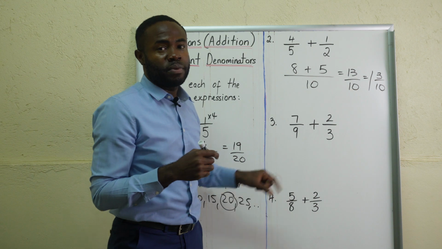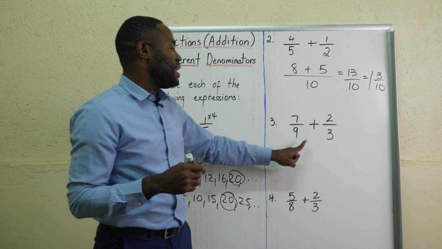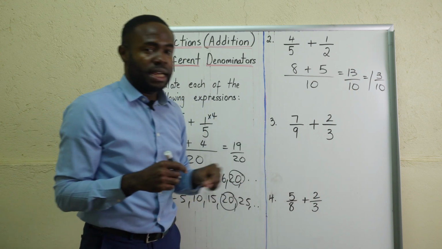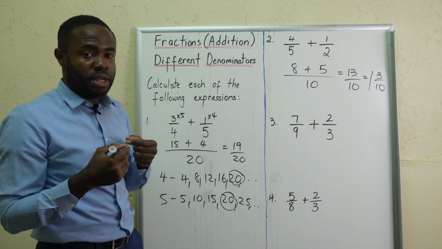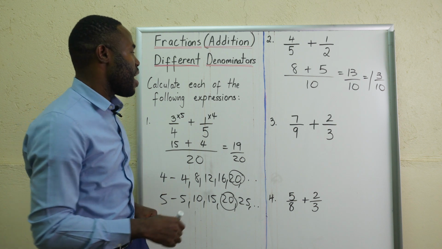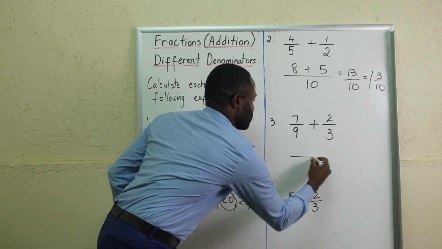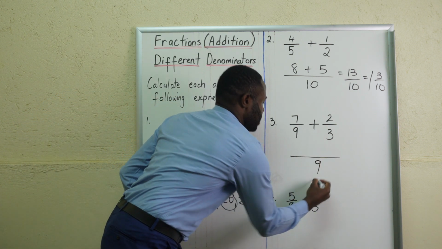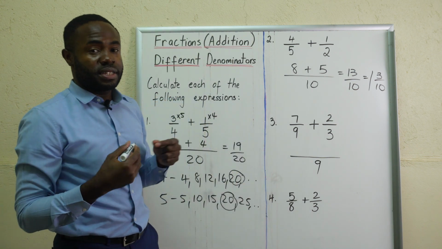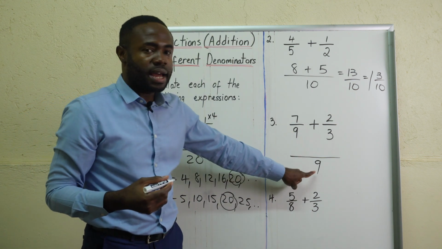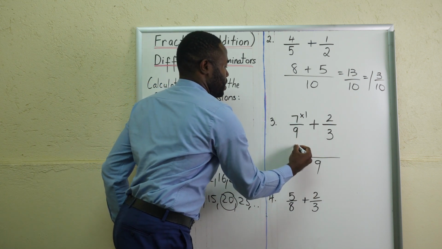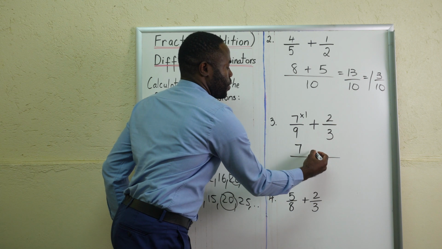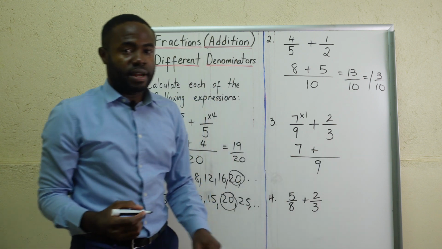All right, so let's jump into this one. So we have 9 and 3. So the lowest common multiple in this case would be 9. All right, so what you can do, you can draw your line and put your 9 right there. So let's divide now. So 9 into 9, that goes what? 1 time, right? So it's 7 times 1, which gives us 7. Then we put back our plus. Let's divide again.